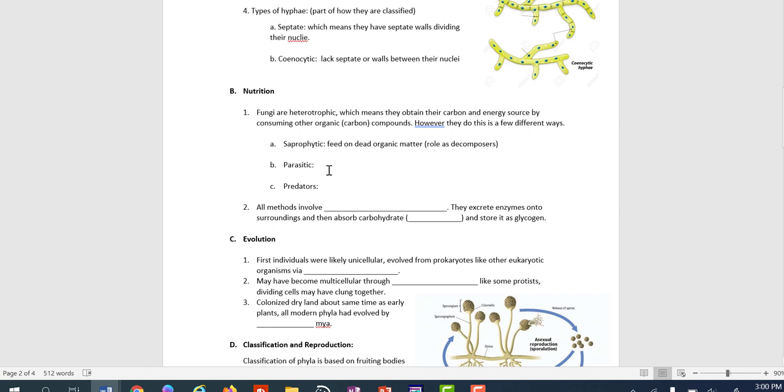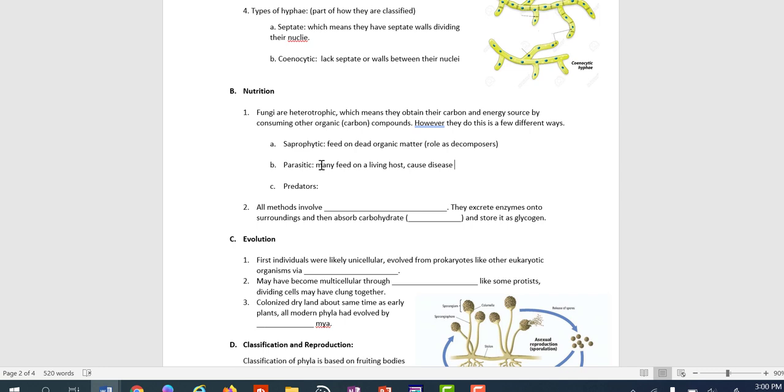So hence their very important role as decomposers. But they're not all just saprophytic. Many are parasitic. So many feed on a living host, and typically cause disease in the case of many plant diseases.